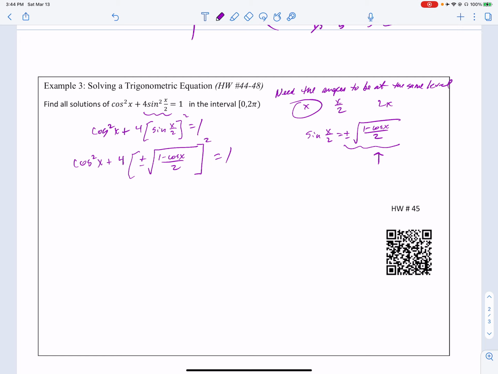And whether it's positive or negative, when I square it, I'm going to get that 1 minus cosine x over 2. They're both going to be positive. So you just square that radical, and it's 1 minus cosine x over 2. And then this 2 can go into that 4 2 times.